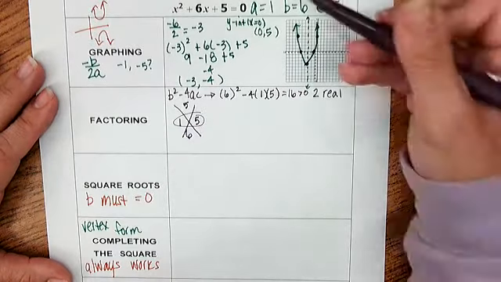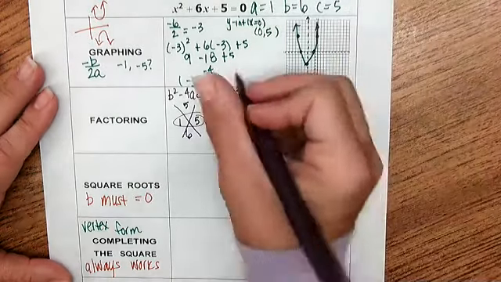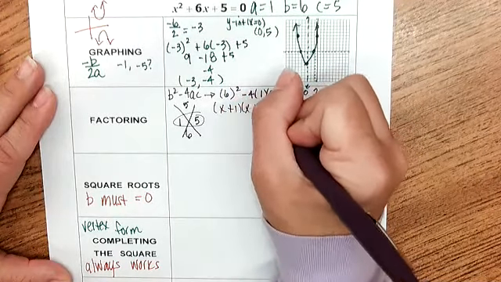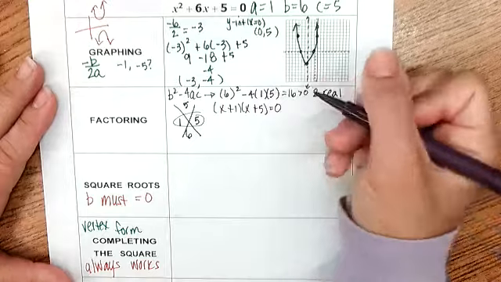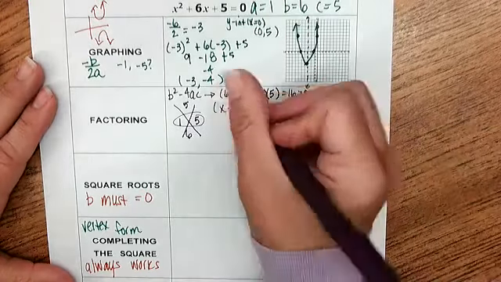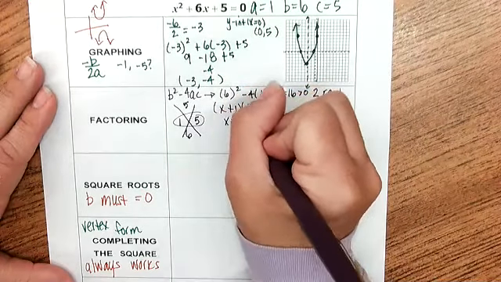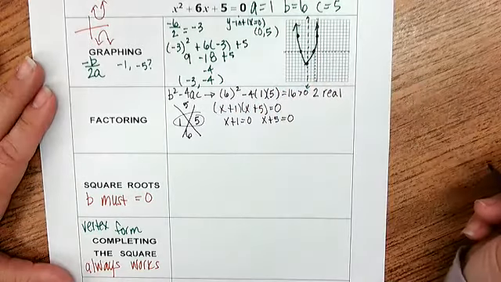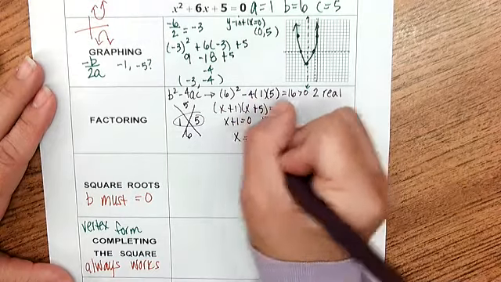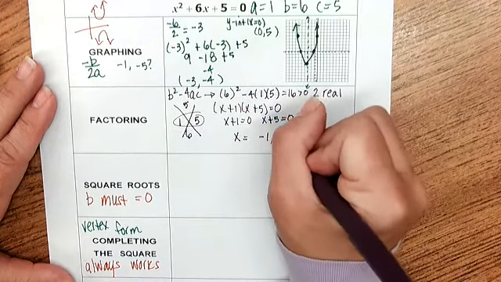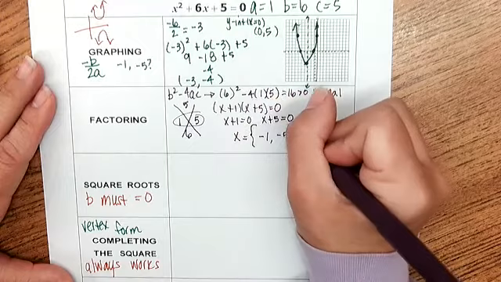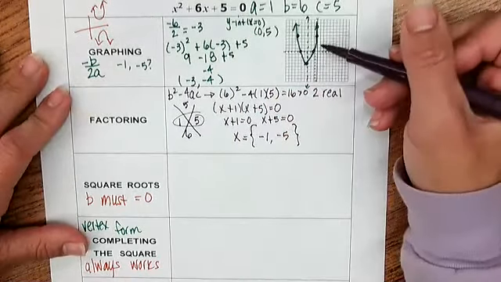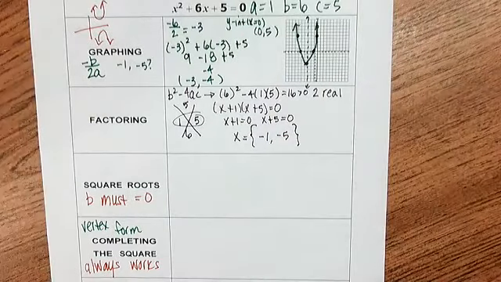A is 1, so we can shortcut it. (x + 1)(x + 5). x + 1 equals 0. x + 5 is 0. x is -1, -5. Well, that's a good sign. We got -1, -5 by eyeballing the graph. x is -1, -5. Fantastic.